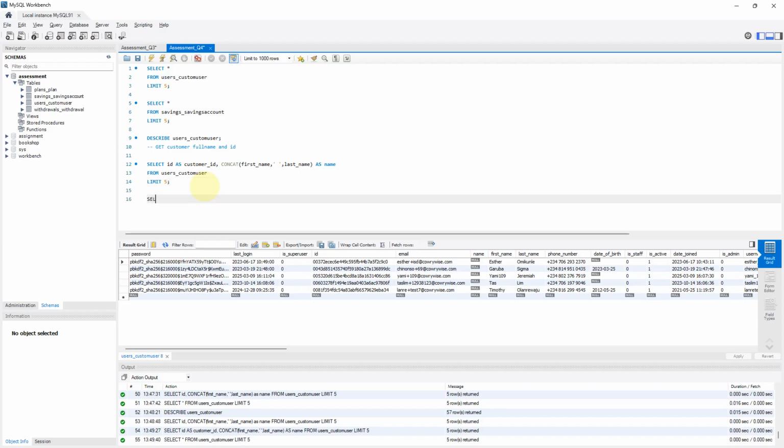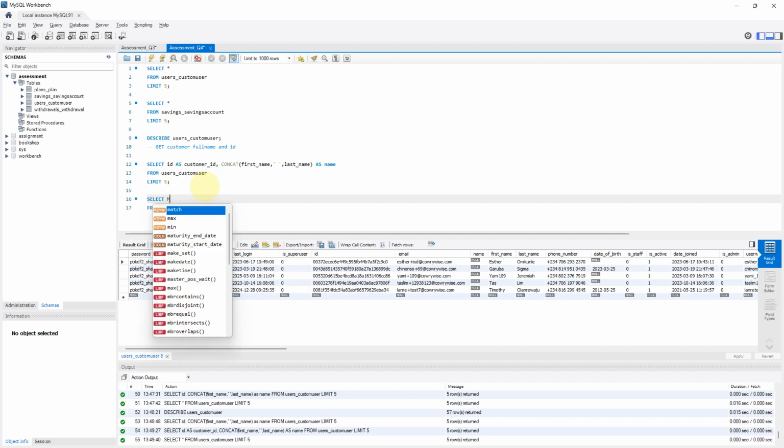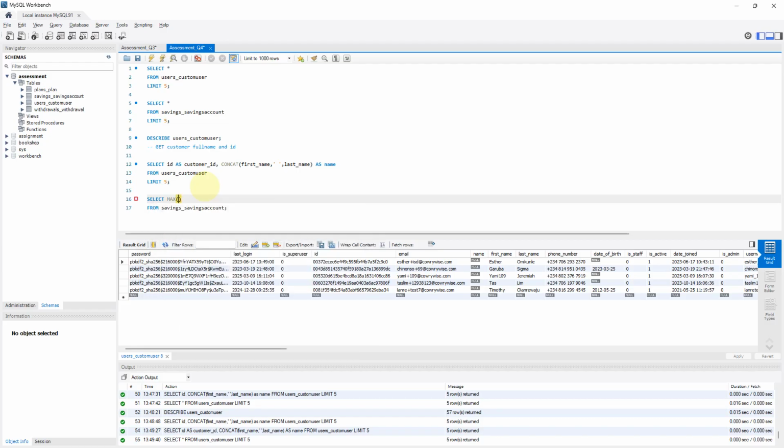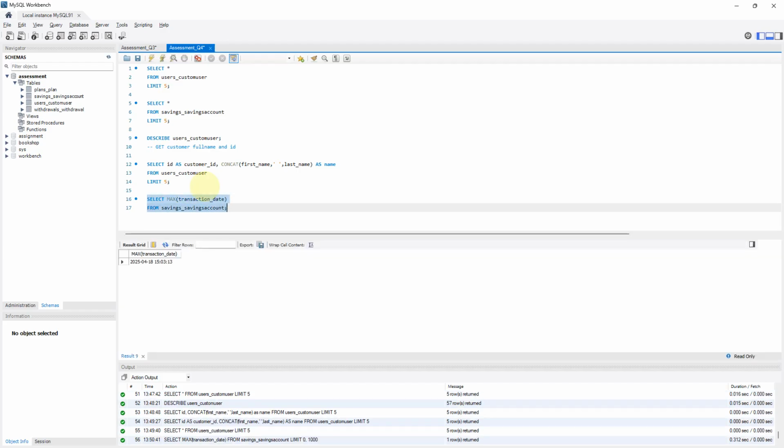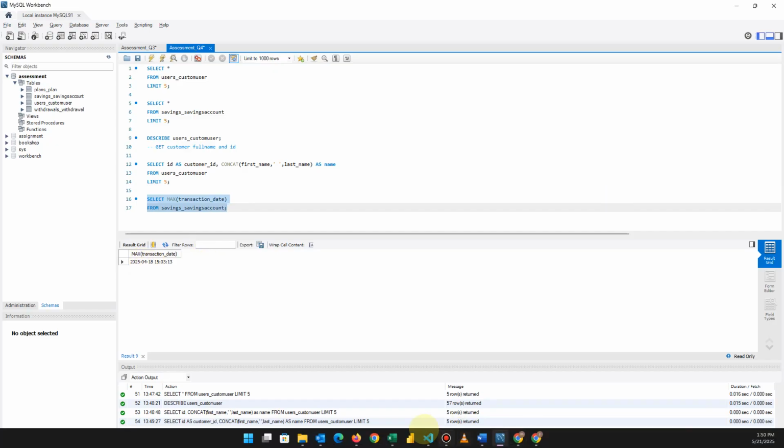If I go to select all from the savings, I would see the last date, so I'll just say max transaction date, because that's what I want to look at since sign up. So transaction date, which I think is around April.